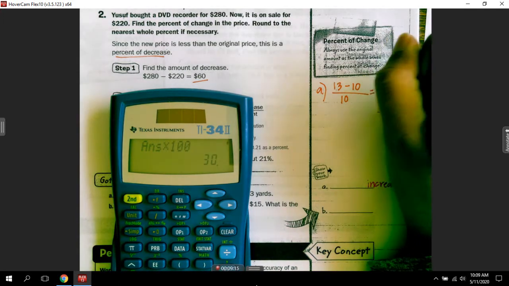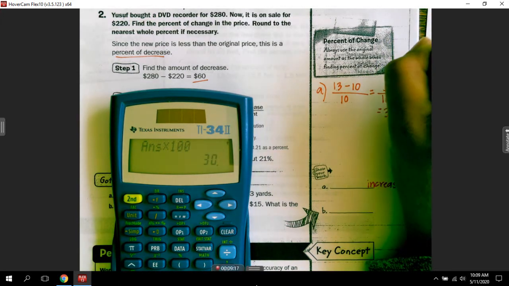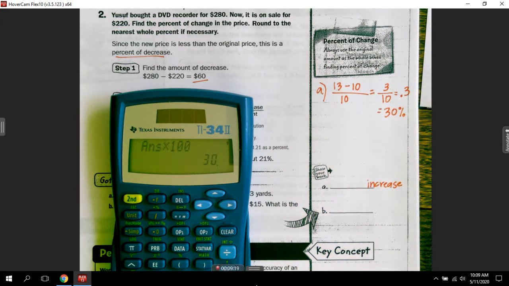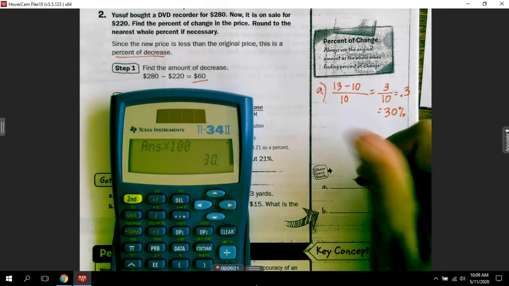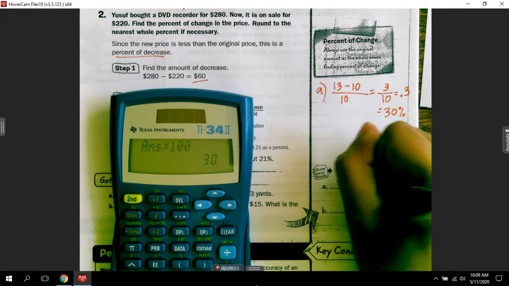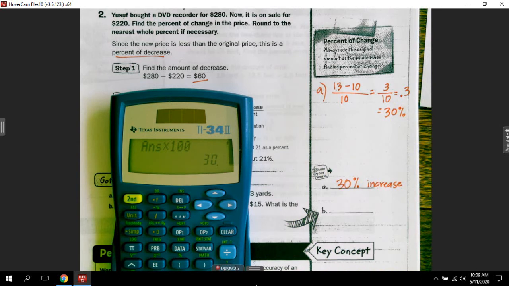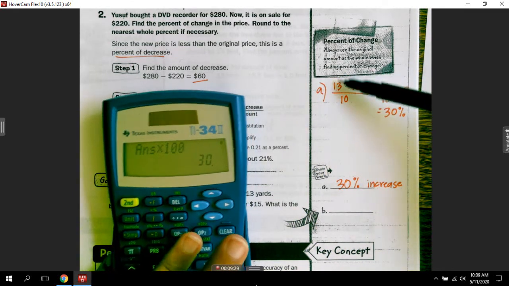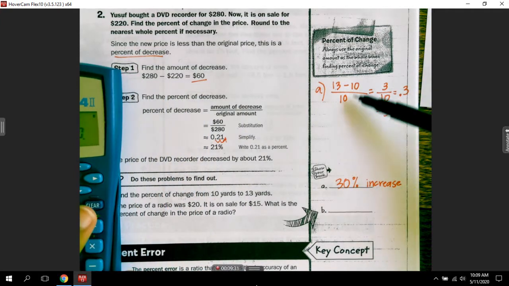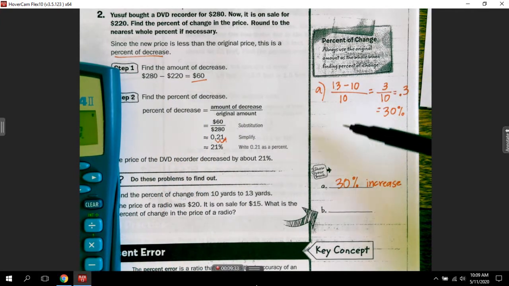So this is going to be a 30% decrease. Or increase, sorry. So our answer is a 30% increase. So you're just taking the 2 numbers and subtracting them for that top number. And you're dividing by the first number that they give you, that original.